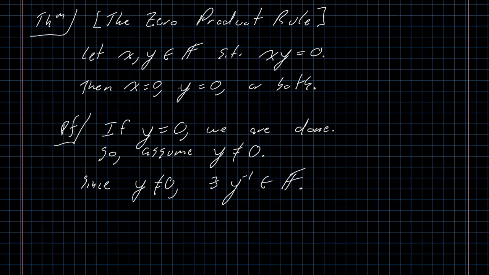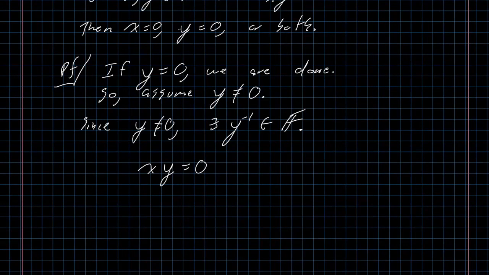But if we assume that y is non-zero, so that we have to work a little bit harder, that means that there is a multiplicative inverse, the reciprocal of y, somewhere in the field. And so if x times y is equal to 0, then that means that x times y inverse is equal to 0 times y inverse.